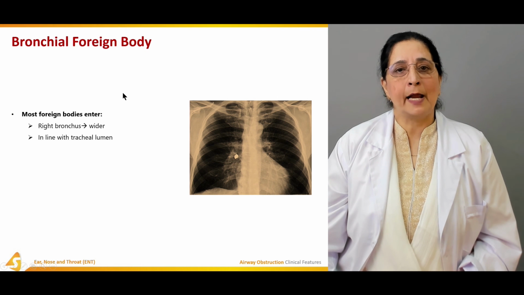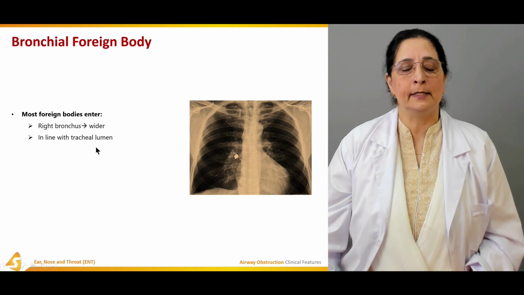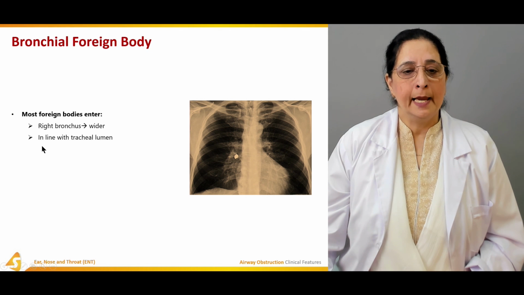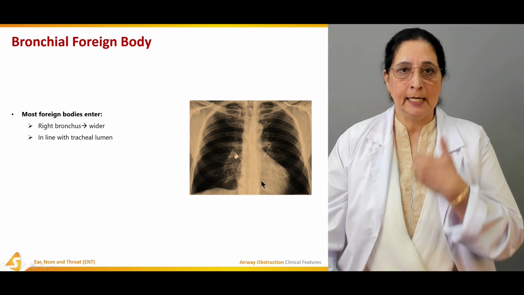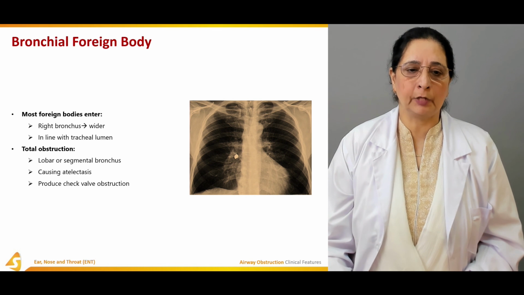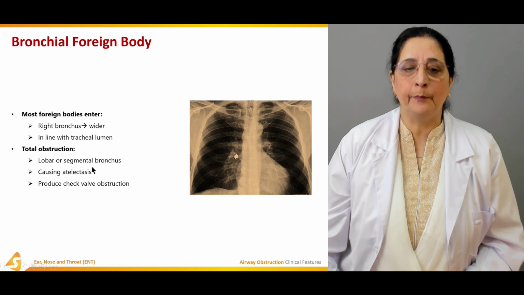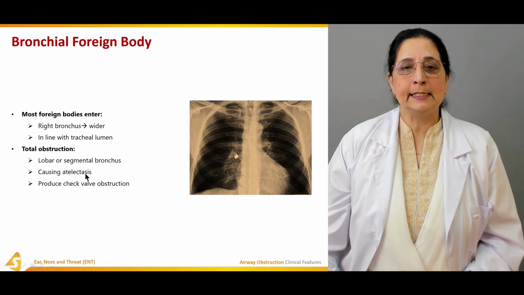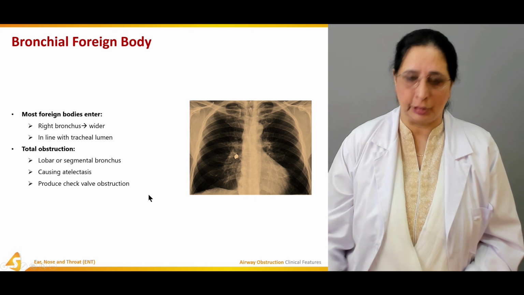So the right bronchus is usually affected because of its width, in line with the tracheal lumen, in the straight line of the trachea. Total obstruction, lobar or segmental bronchus causing atelectasis, produces check valve obstruction.